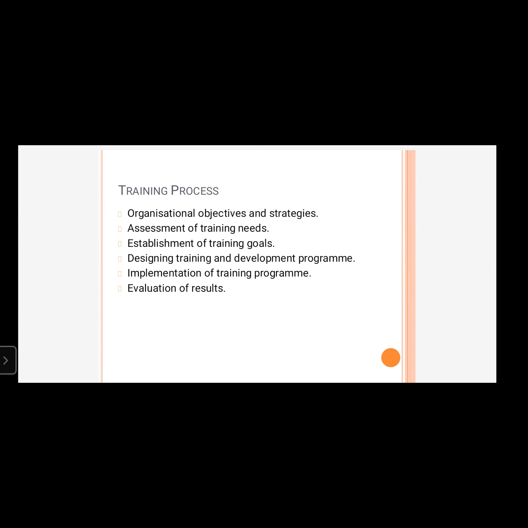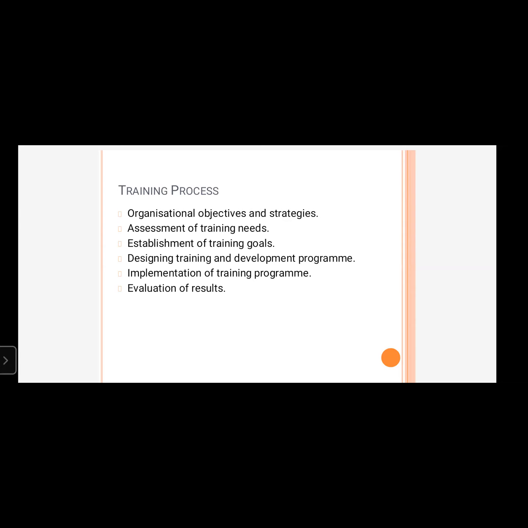Say after 10 days, after 15 days, or after 1 month, the organization has to evaluate the result of the employee's production: how much he was producing before being given training and how much he is producing after. What was the quality of production before training? What is the quality of production after training?